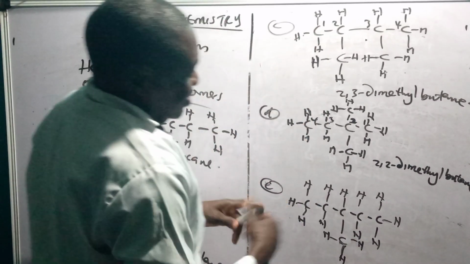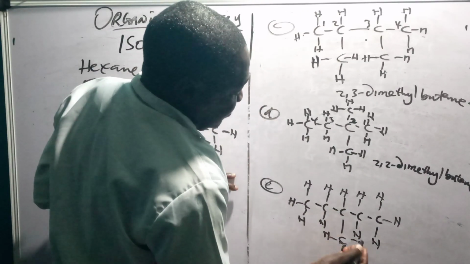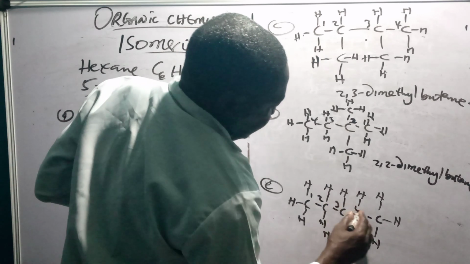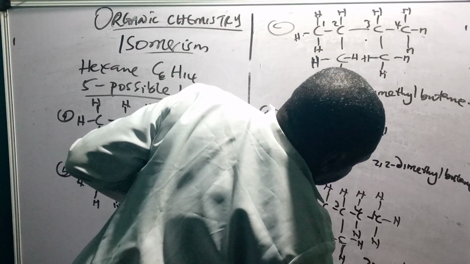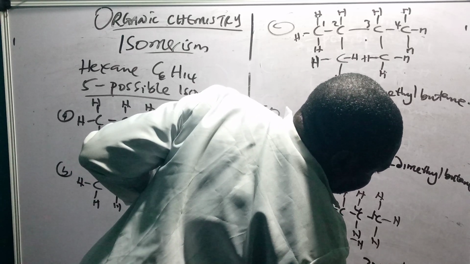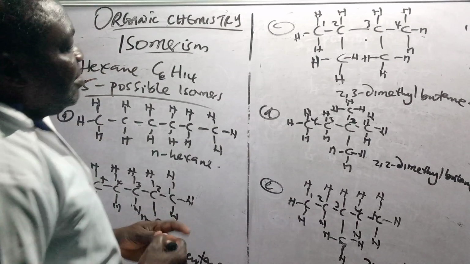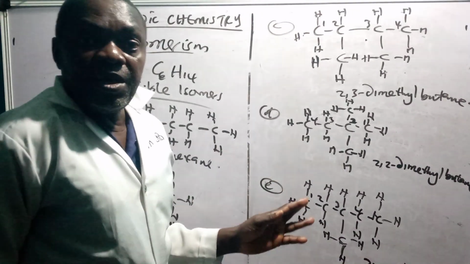And see, if you start from the center, this is an ethyl group, this is an ethyl group. So they are equal. So you can start counting from anywhere. 1, 2, 3, 4, 5. 3-methyl pentane. So these are the 5 possible isomers of hexane.